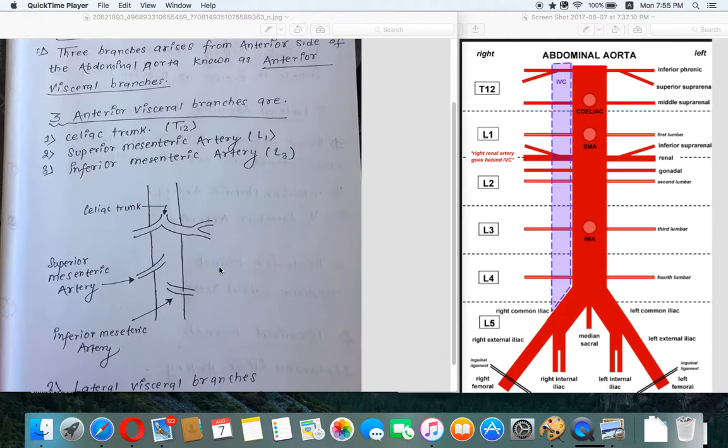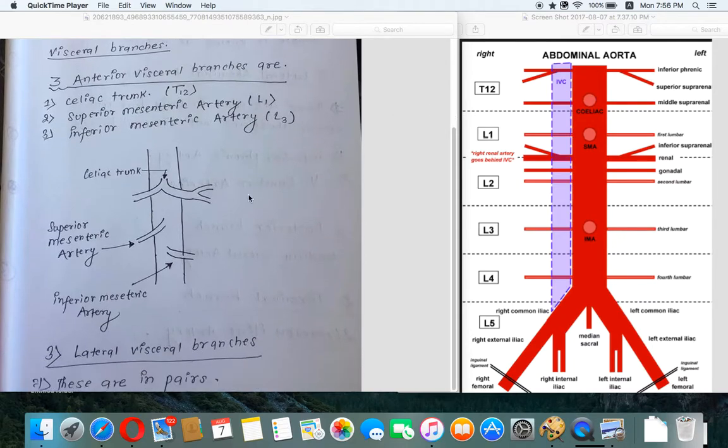Now when we talk about lateral visceral branches, we see the first one, then two, and then three. It means the lateral visceral branches are three. These are in pairs.